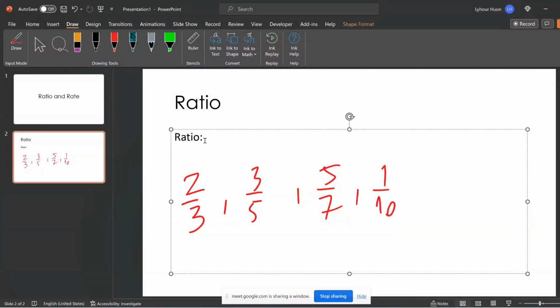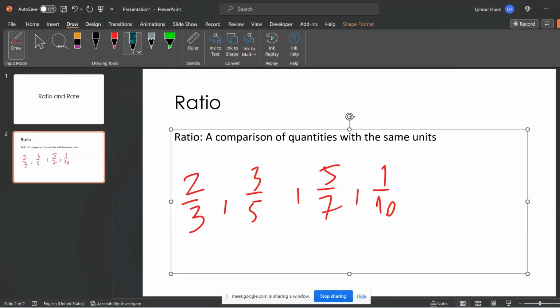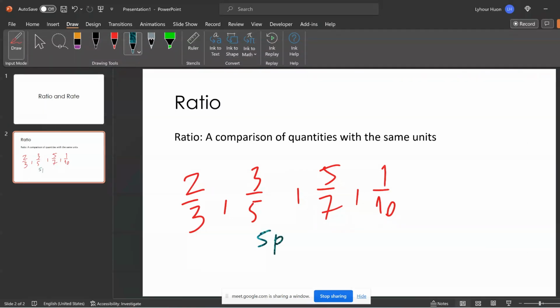So the definition of ratio is a comparison of quantities with the same units. For example, you have 5 pounds over 7 pounds.